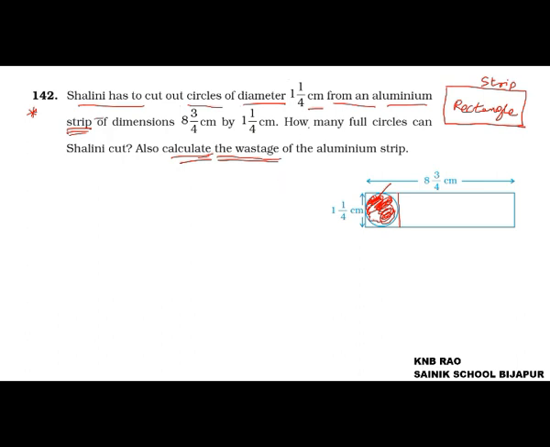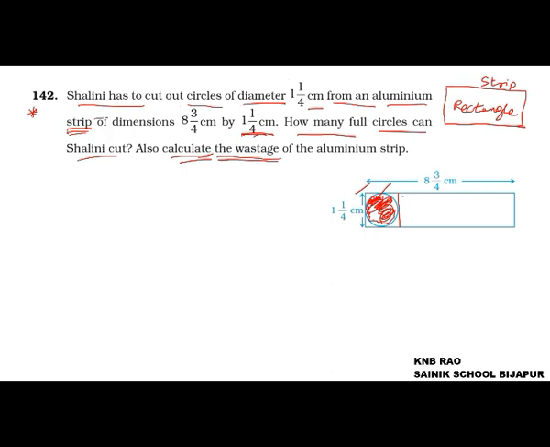Now, first part of the question: how many full circles can Shalini cut? So here we cut circular strips. Since the diameter of the circular strip that we require is equal to the breadth of this strip, so the circular region's diameter is equal to the breadth of this rectangular strip.